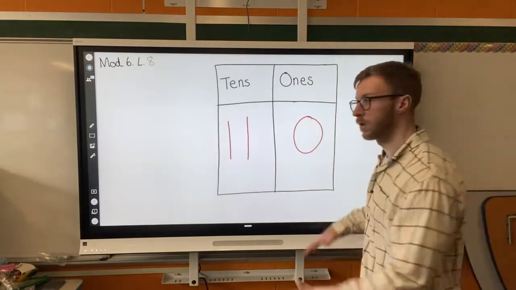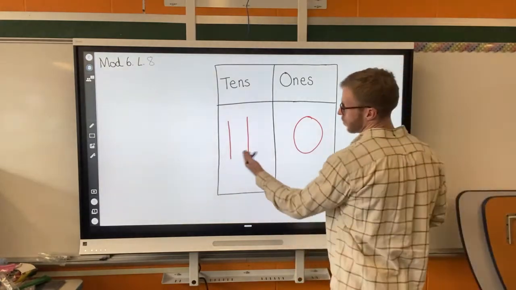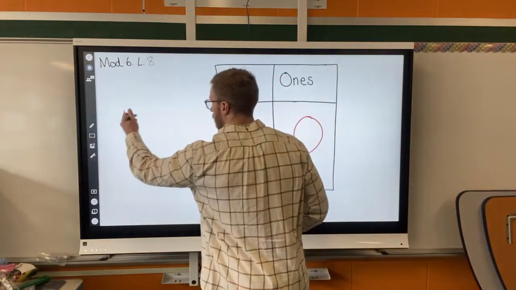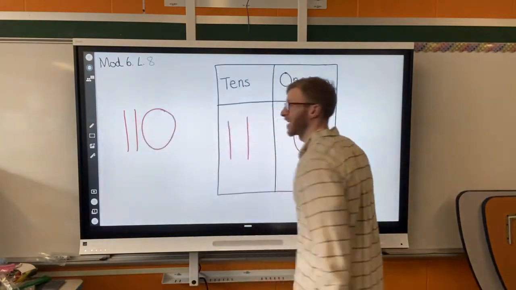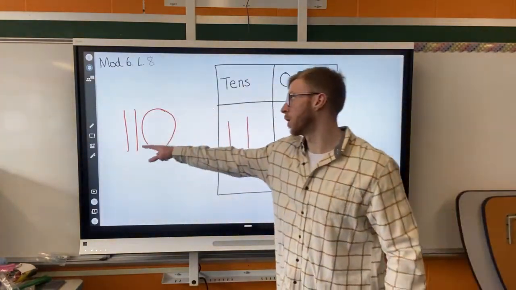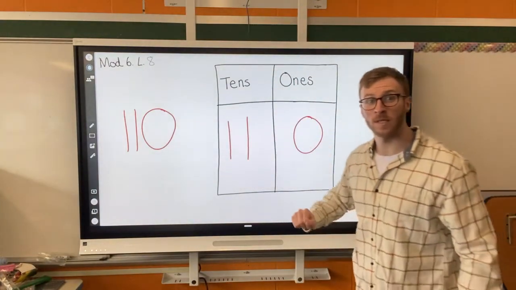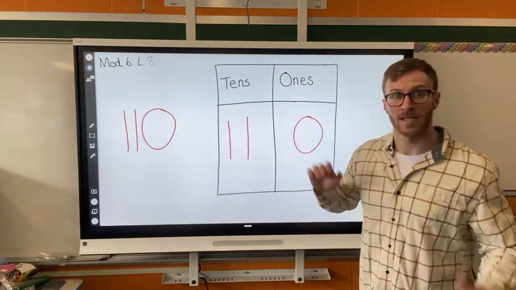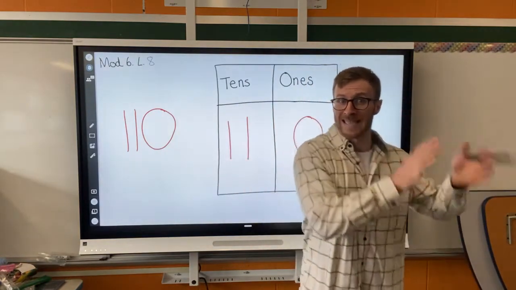So all I have to do is take this and transfer it over here. So I see 1, 1, and then I see 0. So that gives me the number 110. So now I have more than 10 groups of 10, because 10 groups of 10 was 100. Now I have 110.